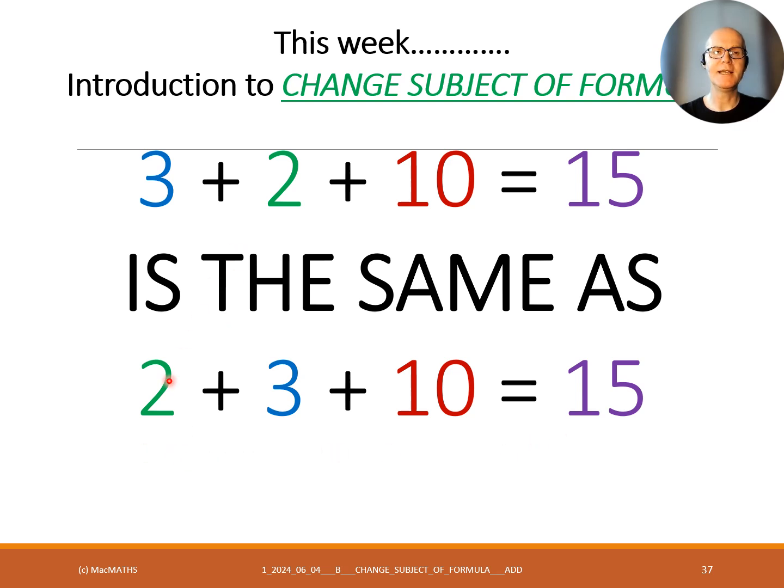So you can see that by moving the 2 from the second place to the first place and swapping it with the 3 from the first place to the second place makes absolutely no difference to our formula. So it's okay to shift the 2 from second place to first place in the same way as it's going to be okay to shift the B from second place to first place.